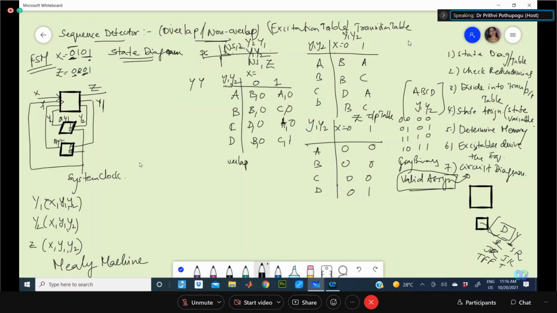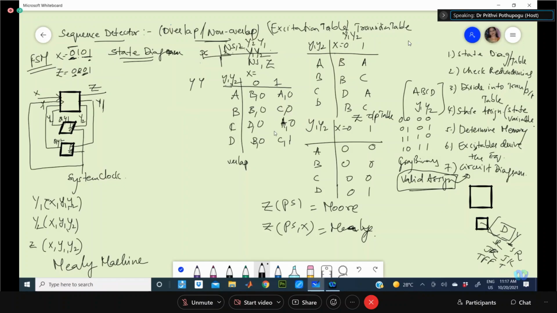But see here, what is the difference between Mealy and Moore? Z, that means the output depends on the present state and the input. This one is Moore and this one is Mealy. In Mealy, the characteristic thing is that any state can have either 0 or 1 value. See here, state C: in the present state of B, when an input of 1 is given, state C is getting an output of 0.